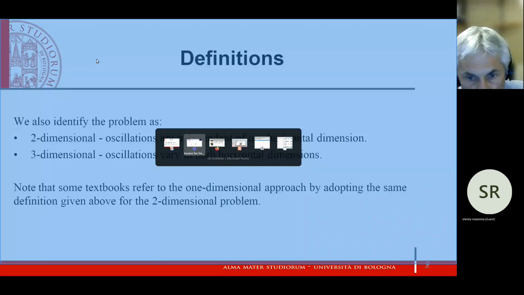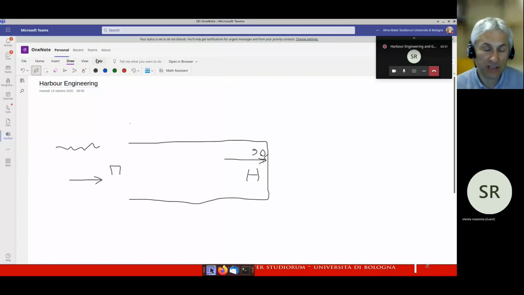The scheme that I had here is a two-dimensional scheme because, as we will see, the waves that are generated in the harbor develop along only one horizontal direction, the direction from the left of the screen to the right of the screen.